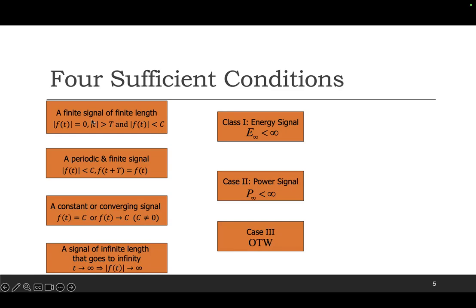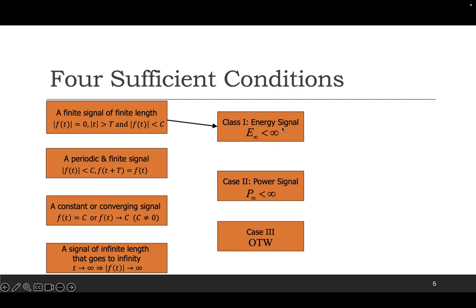It means the signal's value is finite, smaller than a specific value, and it has finite length, which means the duration is limited, not unlimited. Does that make sense to you? Which class do those signals belong to? Do you remember? It belongs to class 1.